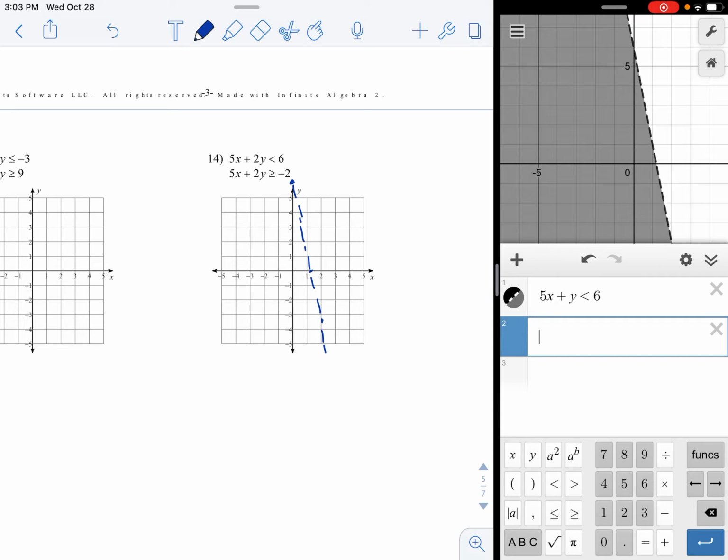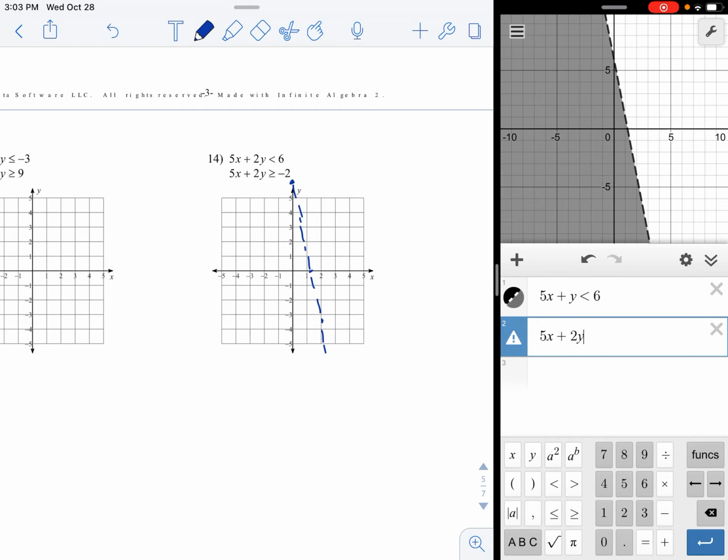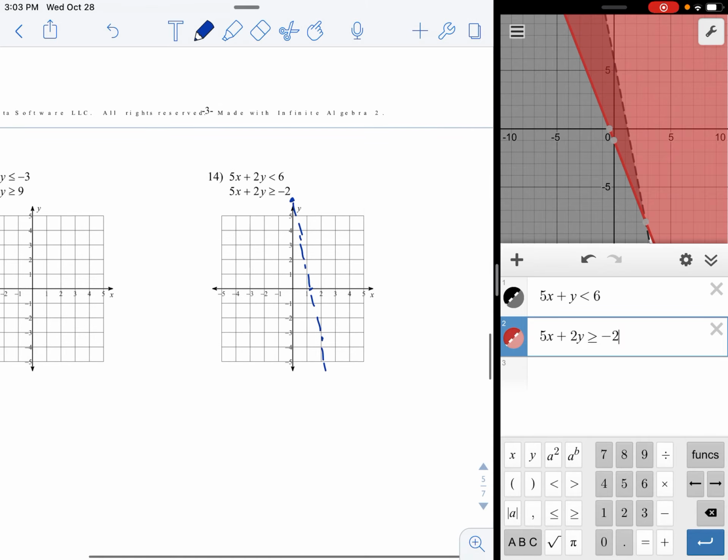Next we have 5x plus 2y, oops, 2y is greater than or equal to negative 2. And so now we have a solid line.